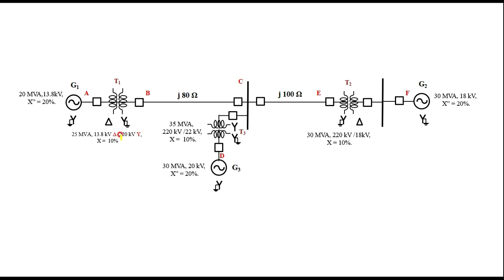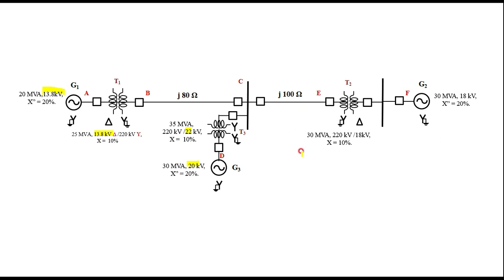For the transformer, looking at the voltage level here, it is 13.8 kilovolts. Then while choosing T3, here it is 22 kilovolts and here it is 20 kilovolts. Therefore you have to choose the voltage level appropriately on either side.